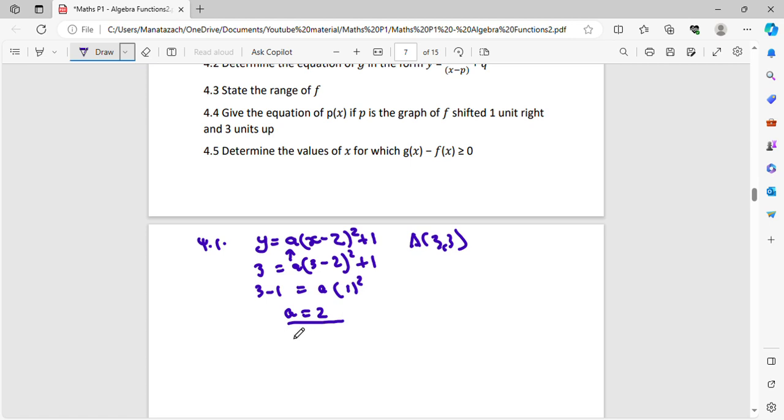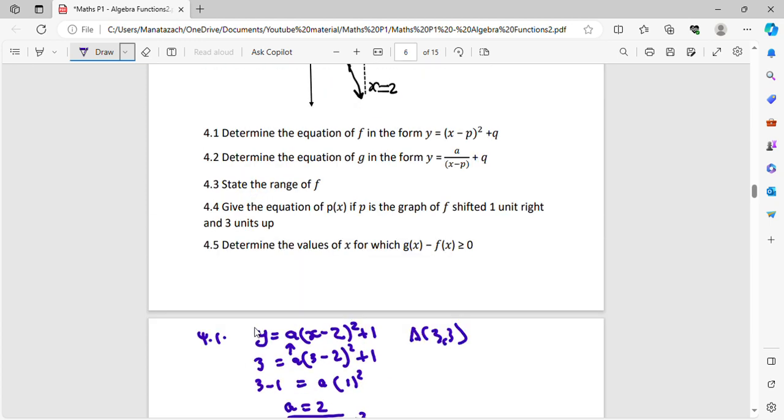That means we can write the function, we know that a is 2, then we'll have y equals 2 times x minus 2 squared plus 1. So we've answered question 4.1.